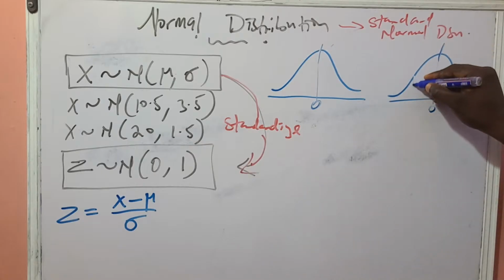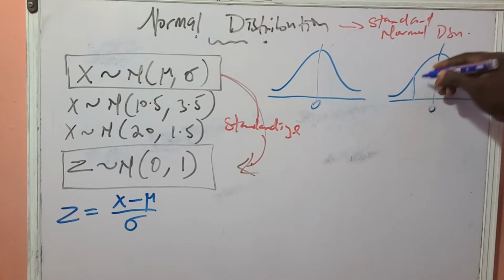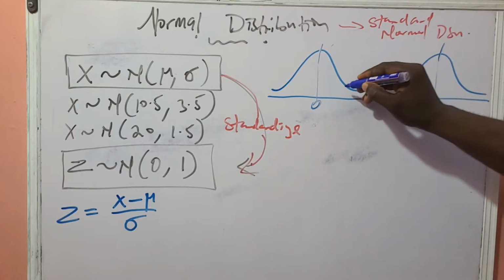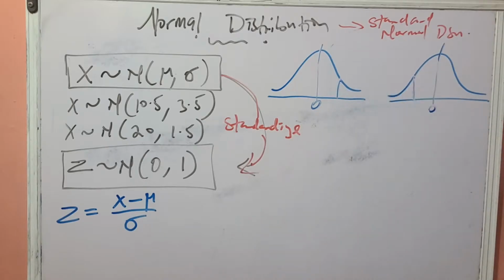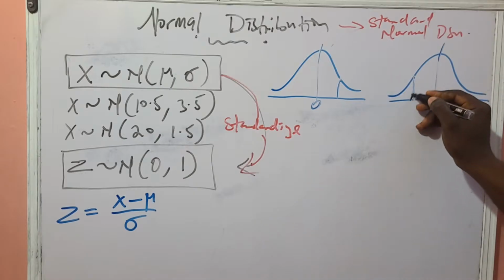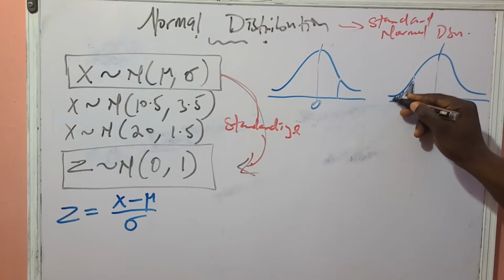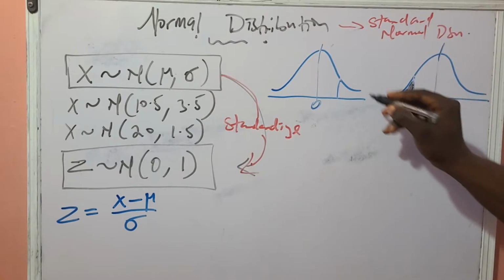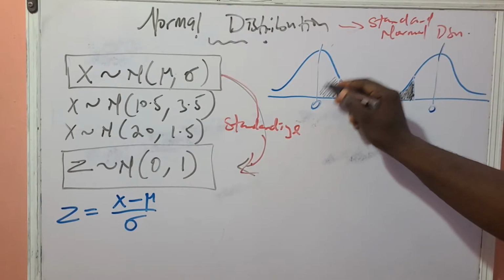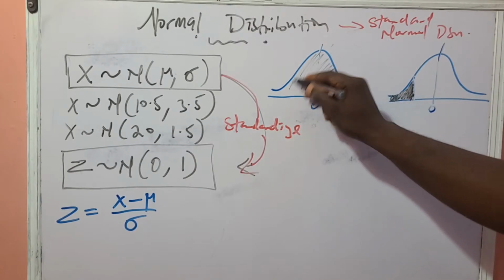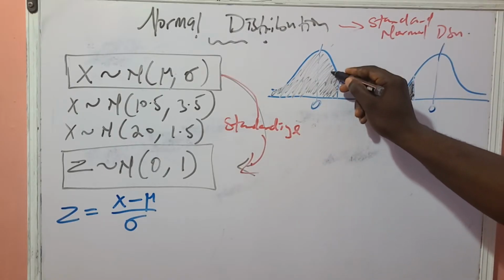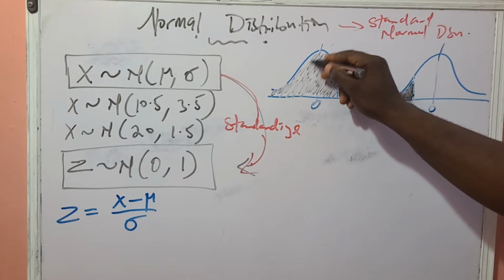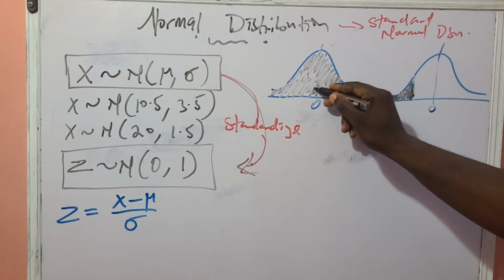Then you would see something like this here, and then you see something like this here. So this is how the two tables with you look like. When you see this part being shaded, I'm going to explain to you how to make use of these tables in solving questions on normal distribution.